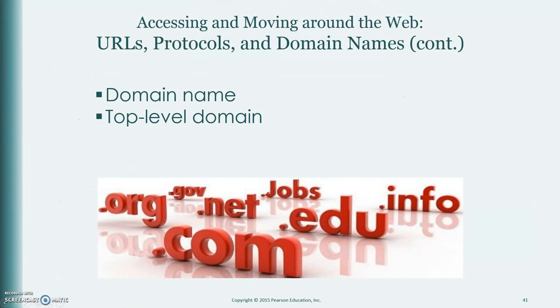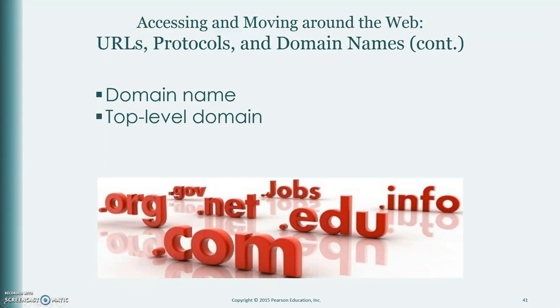Okay, so going back here to the URL domain name, what the domain name does is it actually identifies the site's host. So that's the location that's maintaining the computers that store the website files. The suffix in the domain name after the period is called the top-level domain.